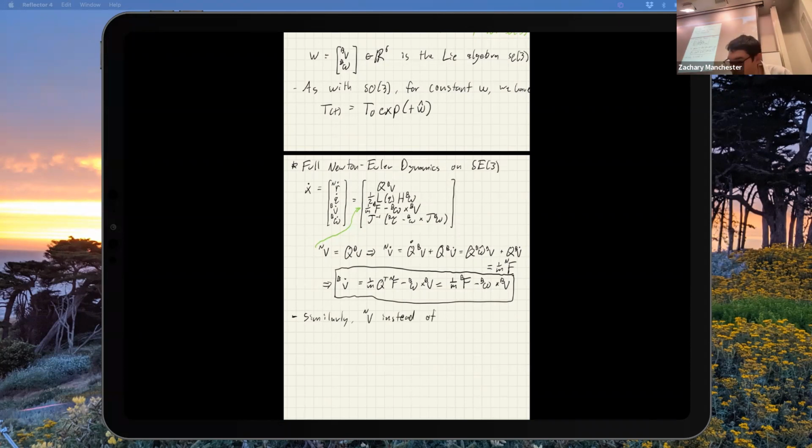This is the stuff you're probably more familiar with. It would just be standard F equals ma. So you'd end up with x dot equals r dot n, q dot, v dot n, omega dot b. And this would just be v, with the same quaternion kinematics.